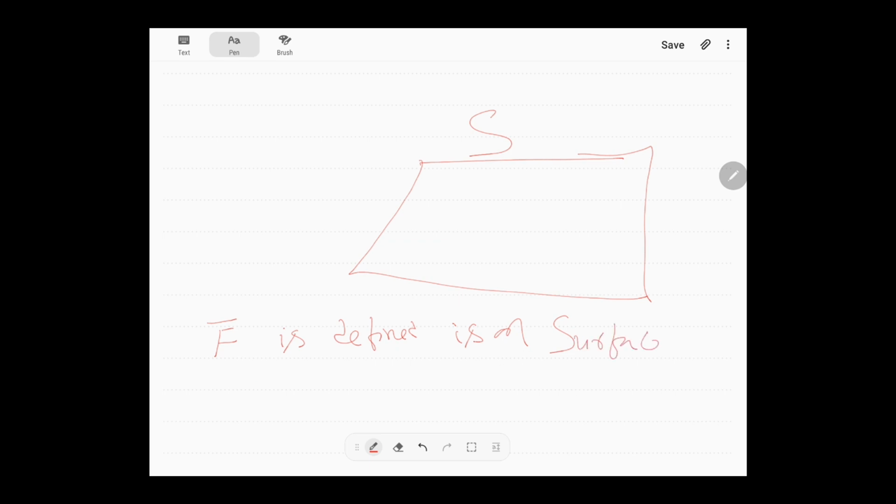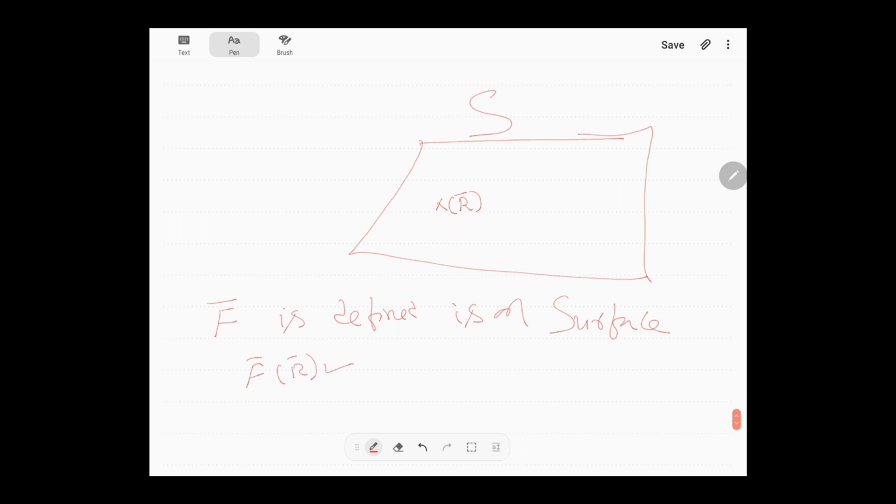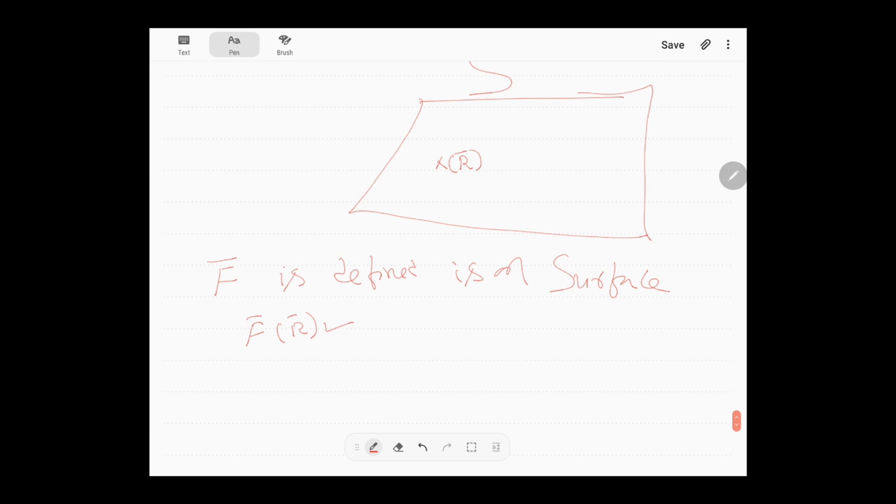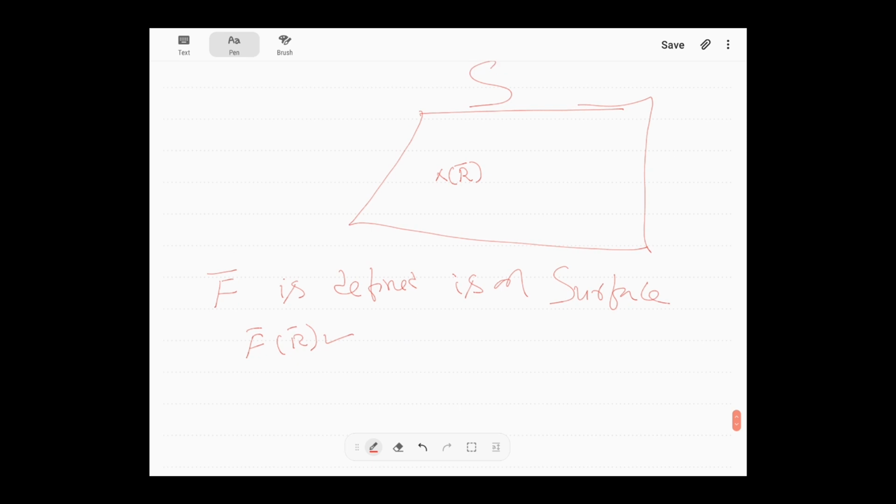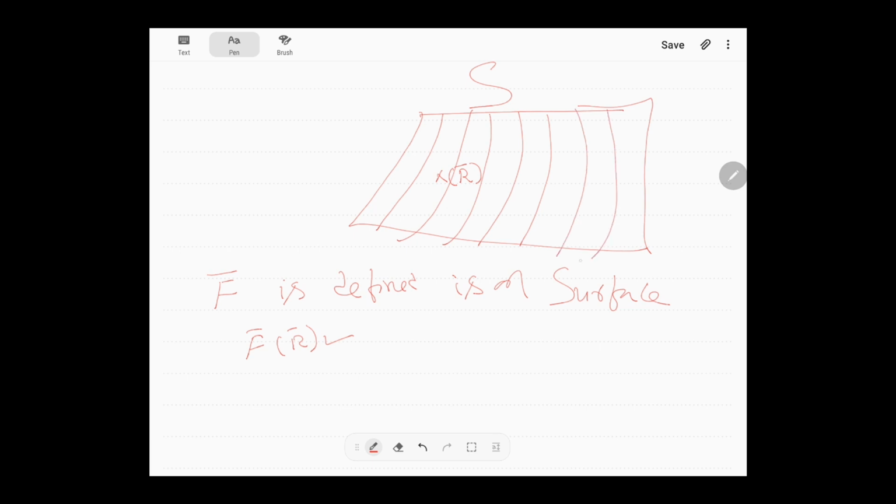That means whatever point you take on the surface, if that point has position vector r bar, you can always find f bar of r bar. That's what defined on the surface S means. Now you divide this surface into several subsurfaces.